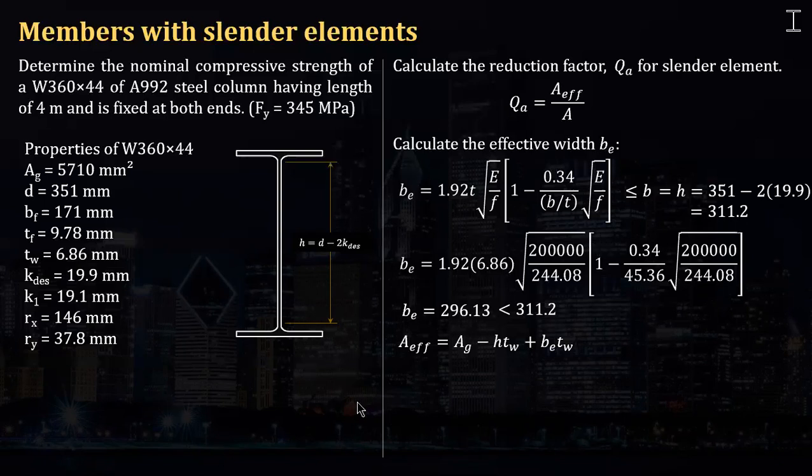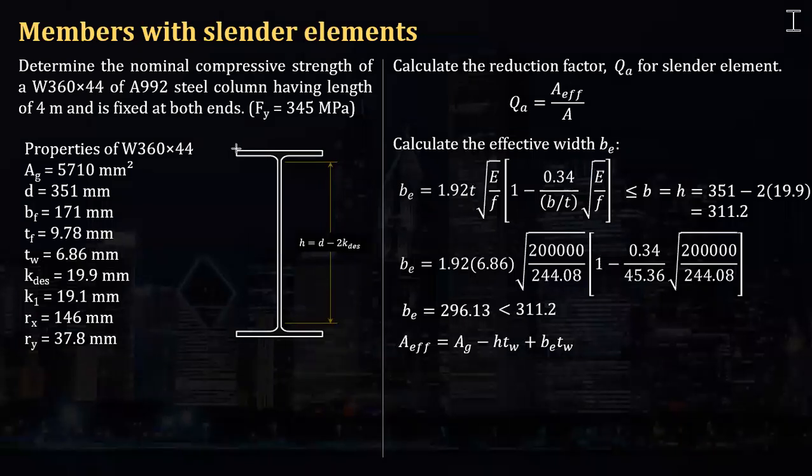We are to reduce the area that is not included. It's like this. So the area would be the area of the flange plus area of this other flange, plus this effective area at the web.